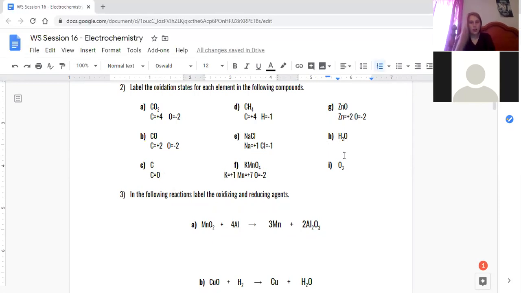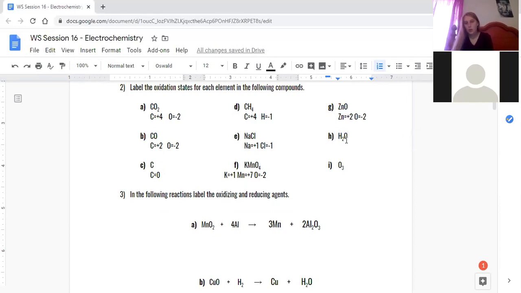So we'll go ahead and do this. So we know oxygen is -2 and hydrogen is always going to be either negative or +1, and it's +1 this time because it's first and has to cancel out the oxygen there.